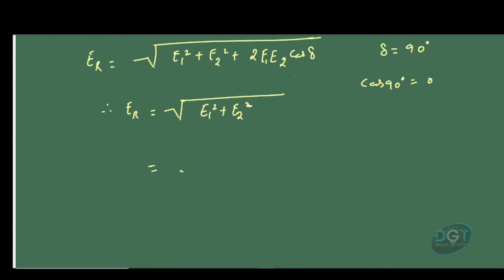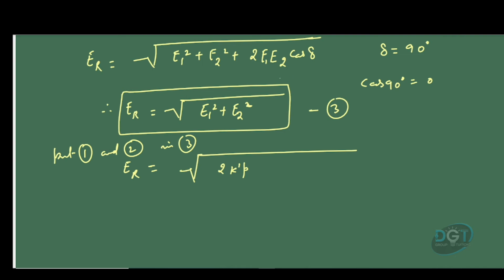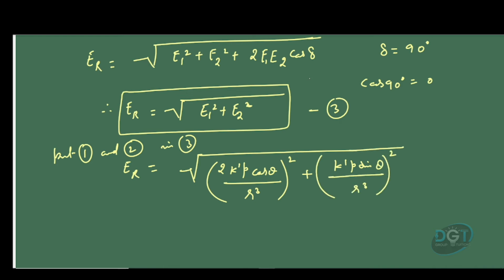Now substituting the values of E1 and E2 in equation 3, say this is equation 3, meaning put 1 and 2 in 3, we'll get ER as root of (2k'P cos theta upon r cube) whole square plus (k'P sin theta upon r cube) whole square.